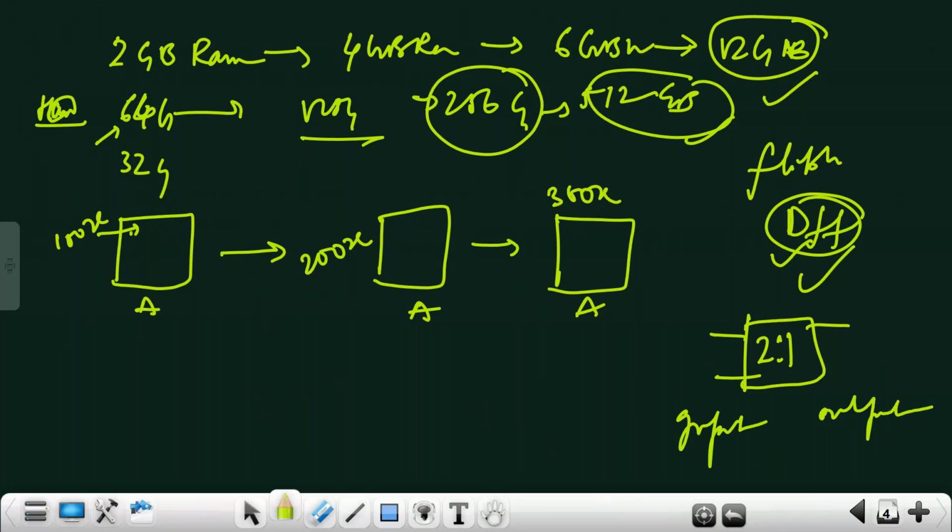Yes, everyone. How many input pins and how many output pins are there in a mux? A 2 is to 1 mux. At least you should know this, right? Have you heard of a 2 is to 1 mux?